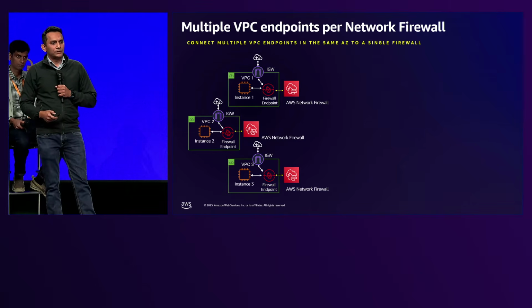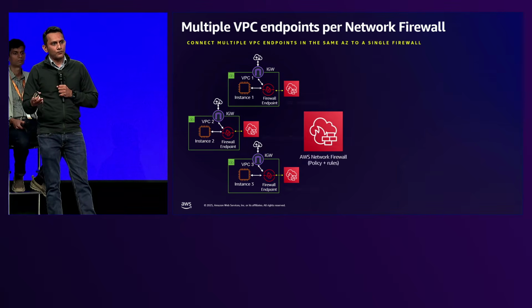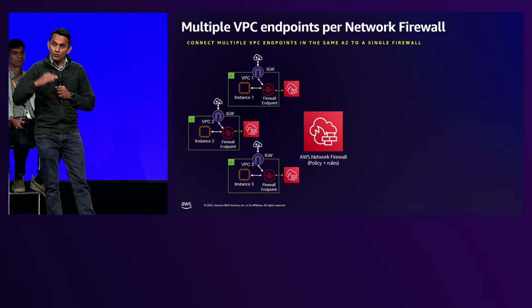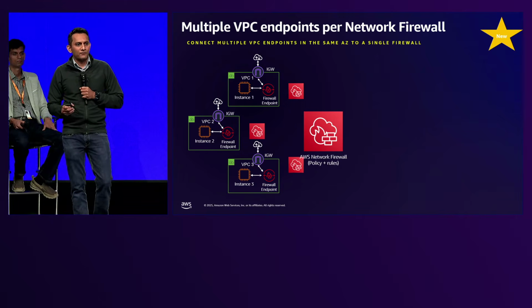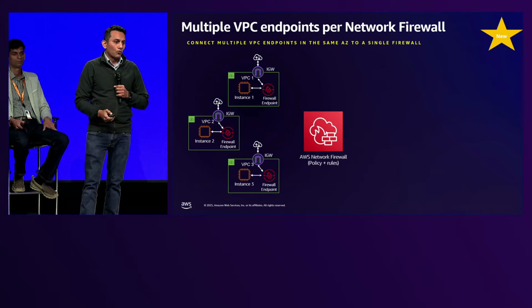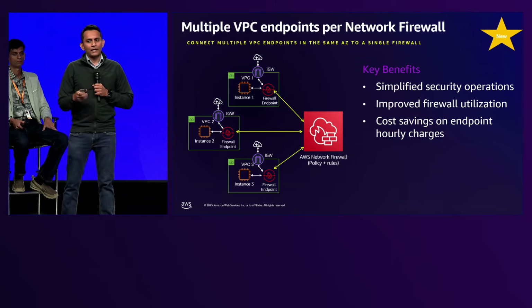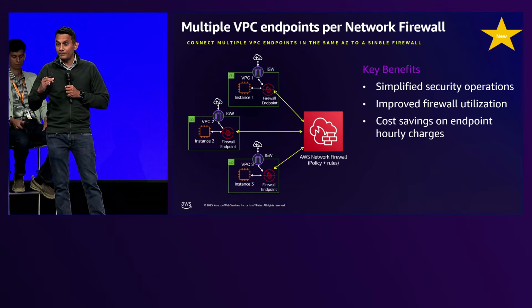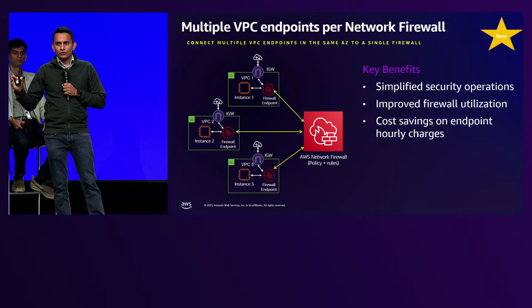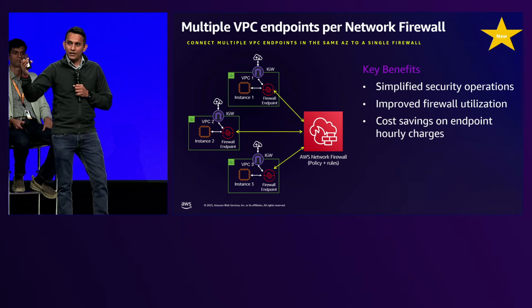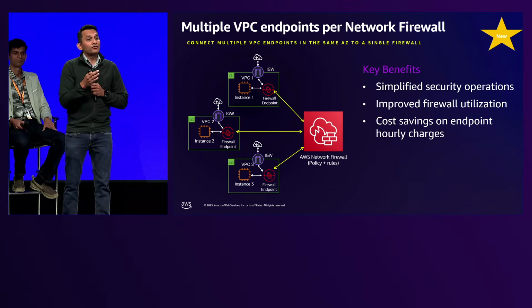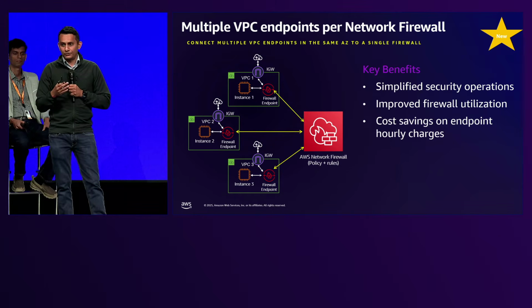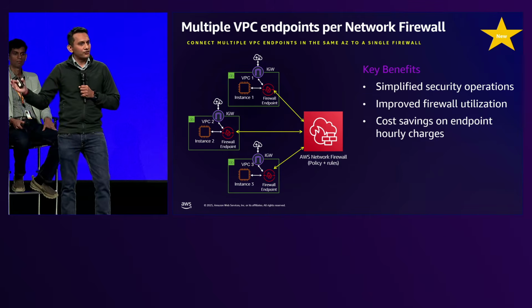To help customers who are deploying distributed deployment but bring down the overall cost, we introduced multiple VPC endpoints per firewall. So with this capability, you can now have multiple VPCs that are sharing a single primary firewall. So you define the rules in the primary firewall, which are shared across these VPCs, and up to 50 VPCs can share a single firewall.